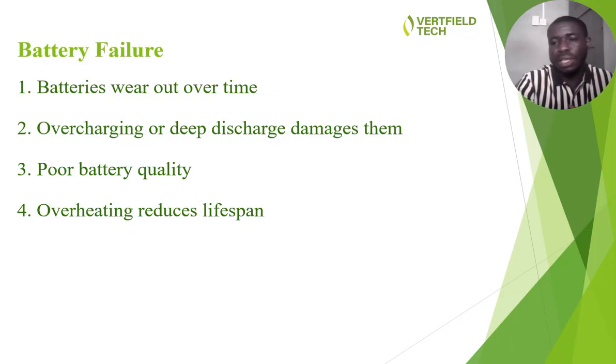Poor battery quality. Yes, when the battery cells are not good ones, it can also lead to battery failures. Overheating reduces lifespan. Yes. So one thing about solar system installations is you are advised to keep your solar system in a well ventilated area. So also this your solar generators.